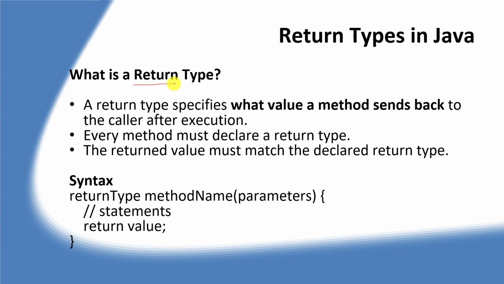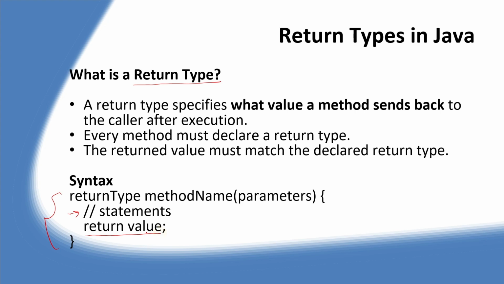What is a return type? When any method finishes executing, it can return a value. Here we can see the method definition. After executing all the statements of the method, it can return a value.